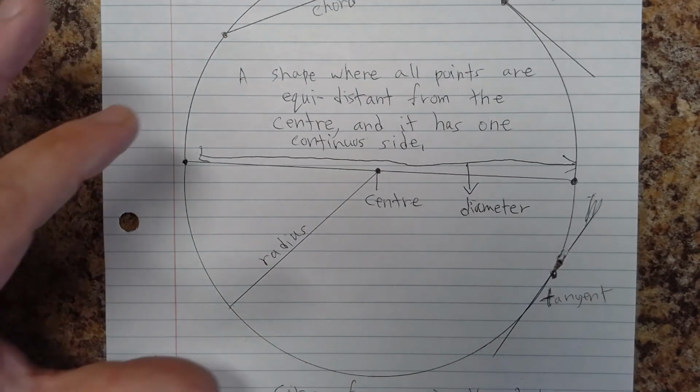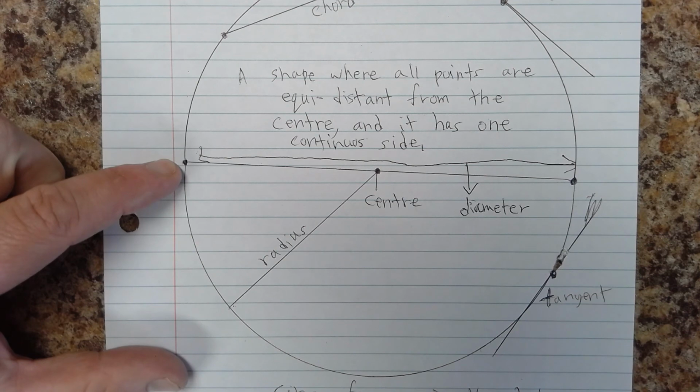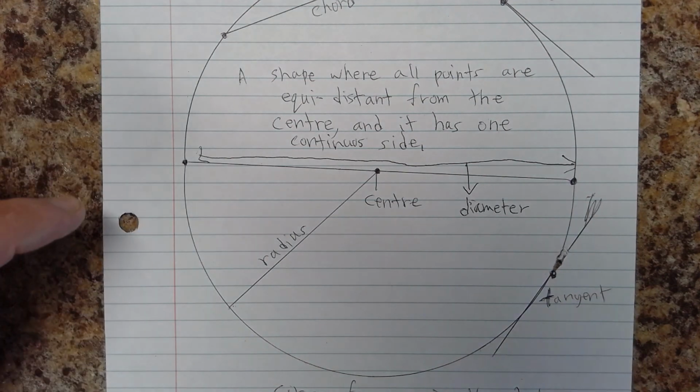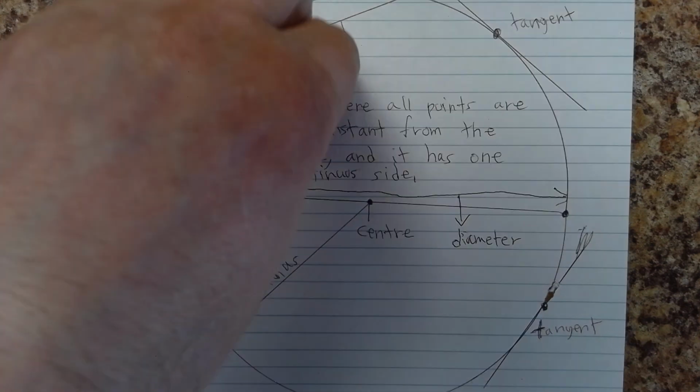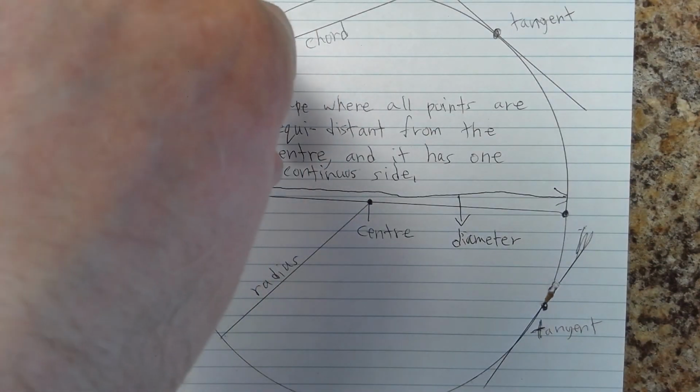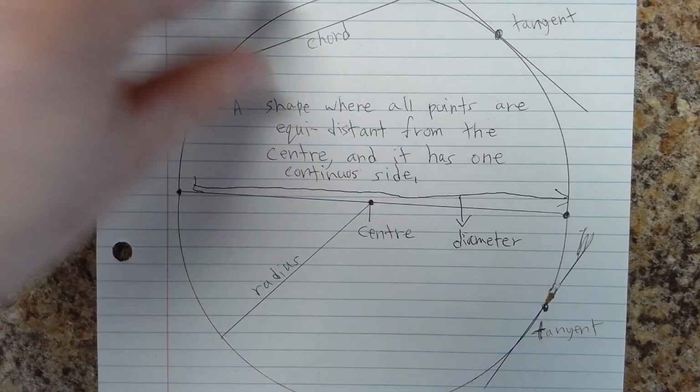You see this radius here? Certain radiuses create a right angle inside a triangle. Especially if you get a triangle that's inscribed into half of a circle, into a semicircle, it does have one right angle.